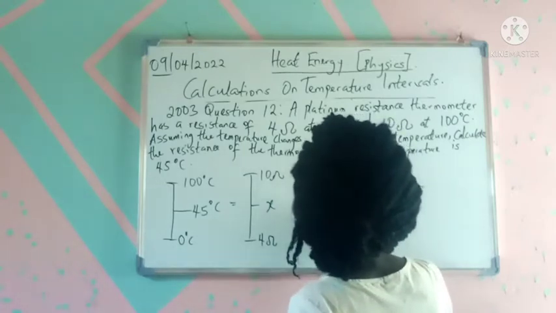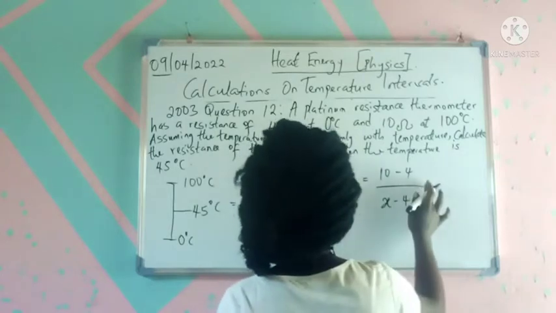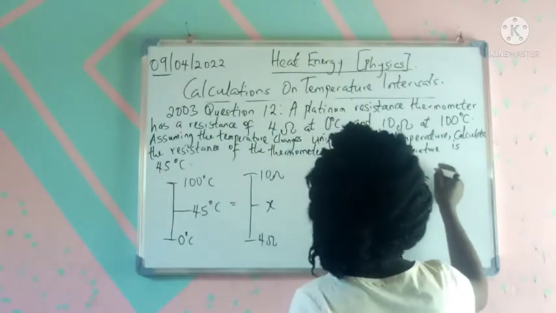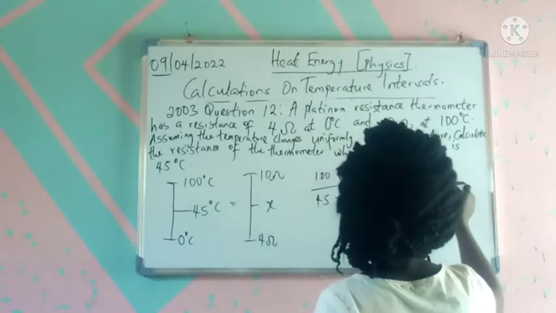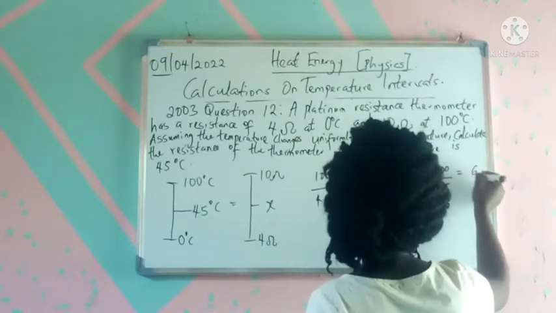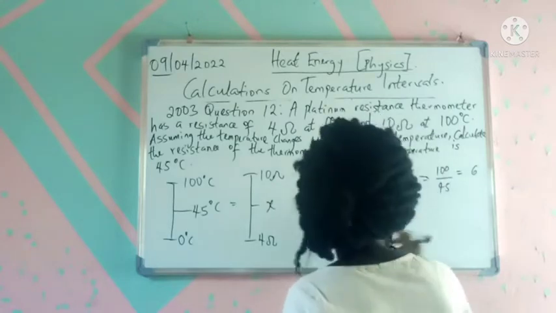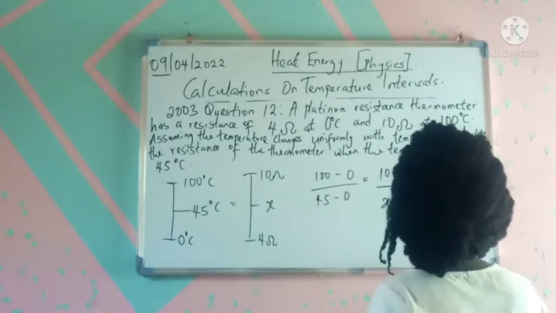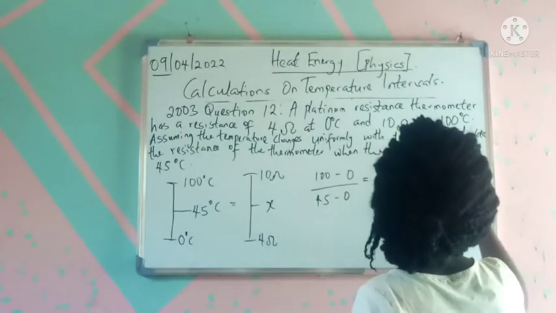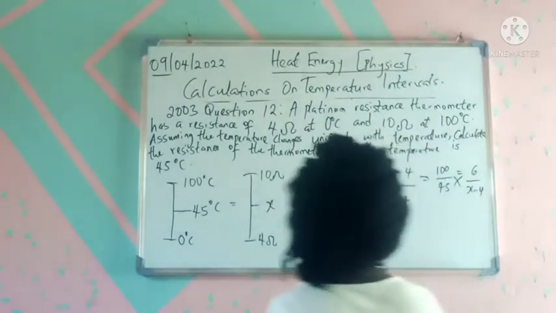Okay, this would be equal to 100 minus 0, which is still 100, over 45, equals 6, since 10 minus 4 is 6, over x minus 4. At this point, we can cross multiply.